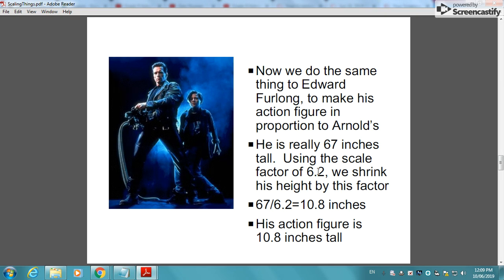Using the scale factor of 6.2, we shrink his height by this much. 67 inches divided by that scale difference of 6.2 gives us a 10.8 inch tall action figure. And this is how you do the entire dollhouse thing. You set up your scale ratio and then resize things to fit.